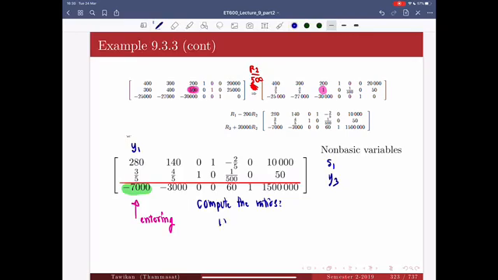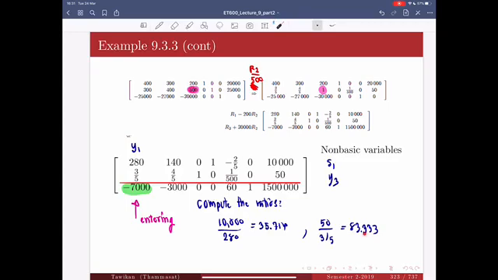So divide 10,000 with 280, I get 35.714. And then out of the second row, I divide 50 by 3/5, and I get 83.333. Compare between those two numbers.